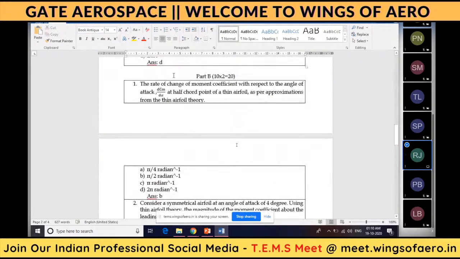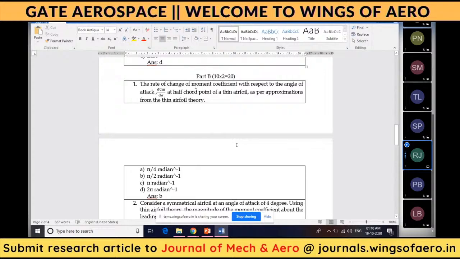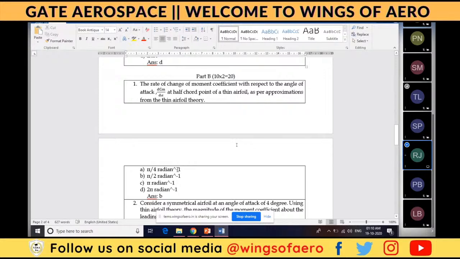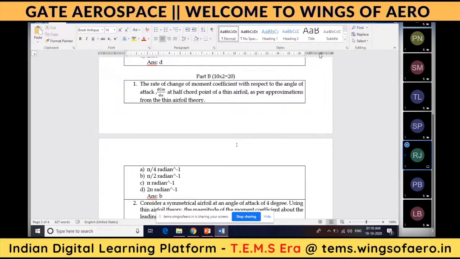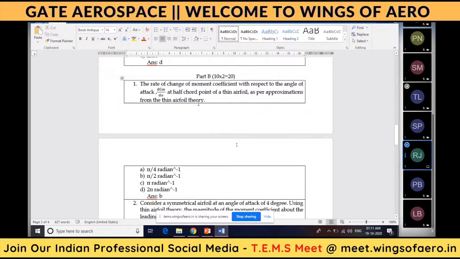Then the part B questions, the 2 more questions that we need to solve. The first question we have already solved in the last session itself. The rate of change of moment coefficient with respect to angle of attack, dCm by d alpha, at the half chord point of a thin aerofoil as per approximation from thin aerofoil theory.